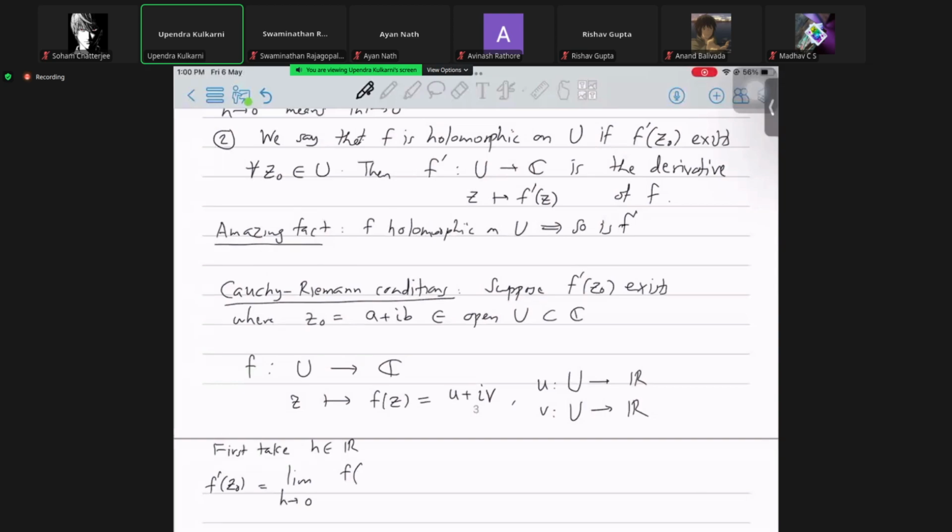That means this h is going to be added only to the real part, so this is going to be a plus h.